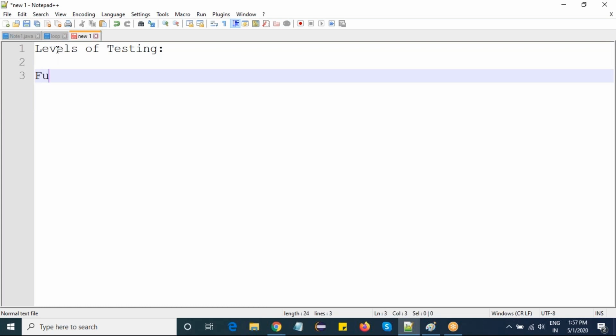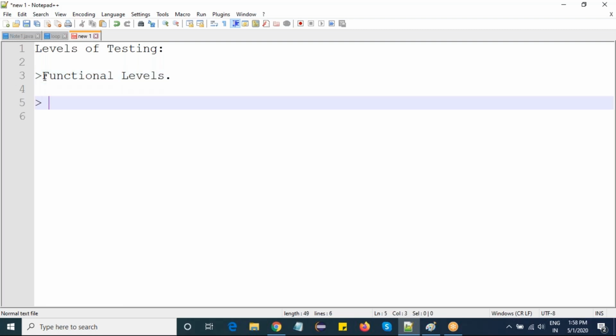The first one will be the functional levels. The second one is non-functional levels.